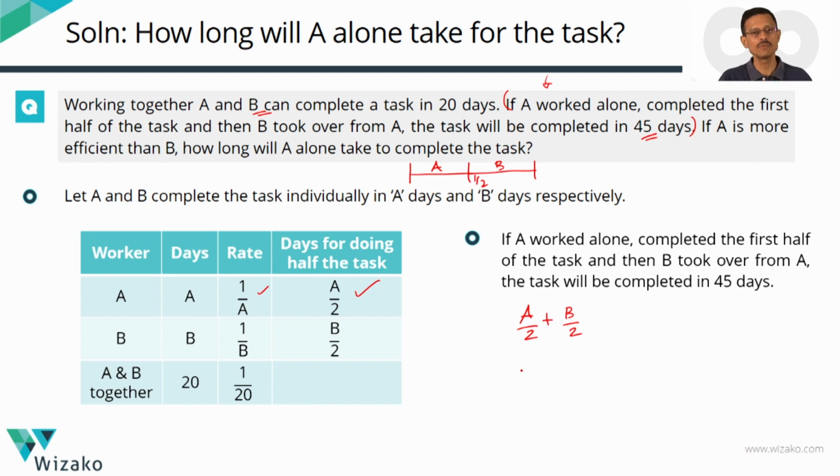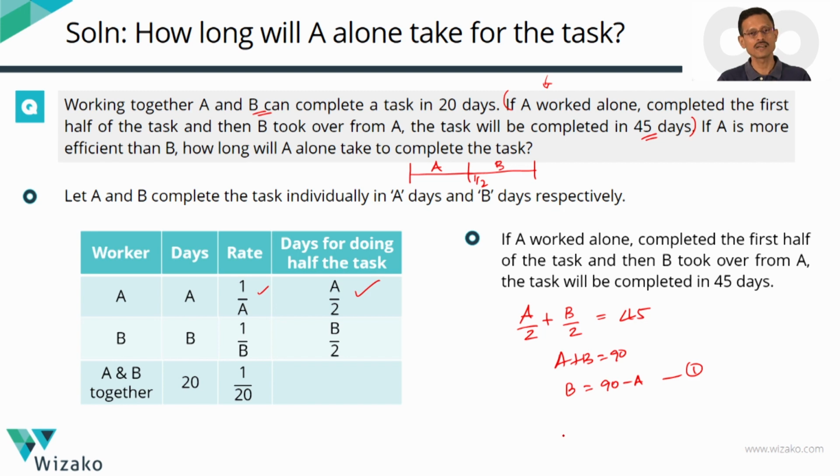A by 2 plus B by 2 days if they worked in series. And how long does it take? It takes 45 days. That's what the question mentions. So the equation therefore becomes A plus B is equal to 90, cross multiplying this by two. Or we can say B is equal to 90 minus A. Let's say this is equation number 1.